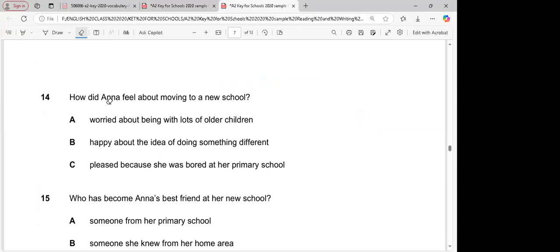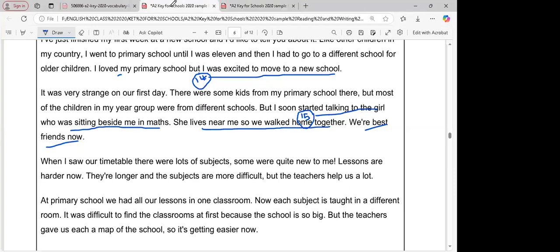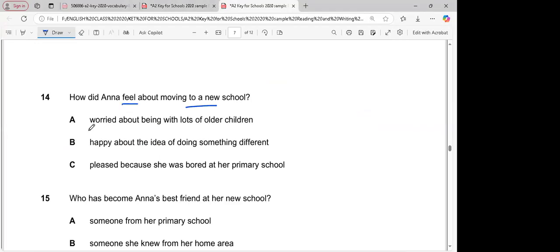Yes, teacher. Okay, everybody see. How did Anna feel about moving to a new school? It is mentioned in the first paragraph. I loved my primary school, but I was excited to move to a new school. The word excited, you get excited when you're worried, happy, or pleased.